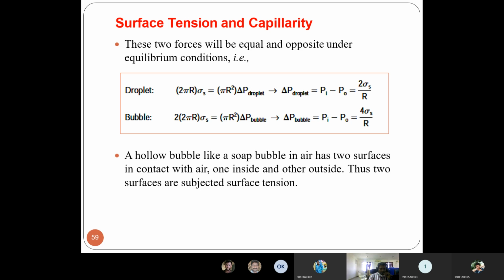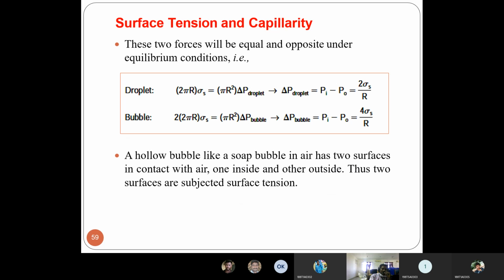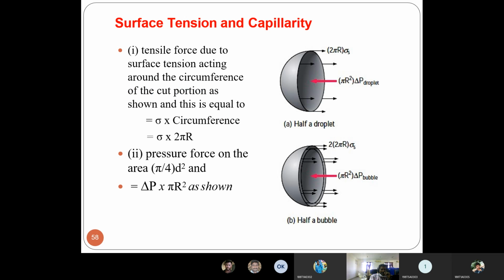This is the general form we have to remember. The pressure difference relationship for a droplet is pi minus p naught equal to 4 sigma by d.